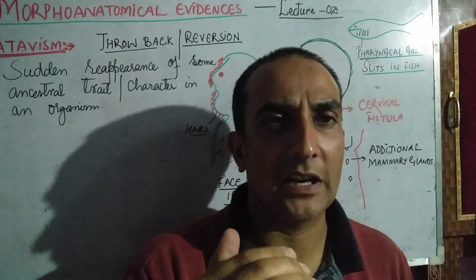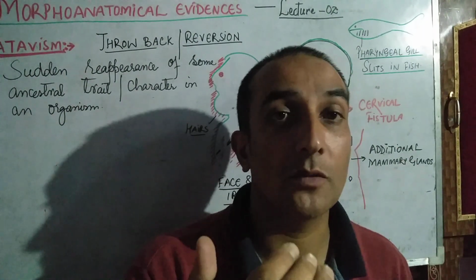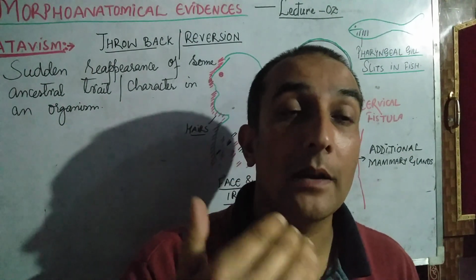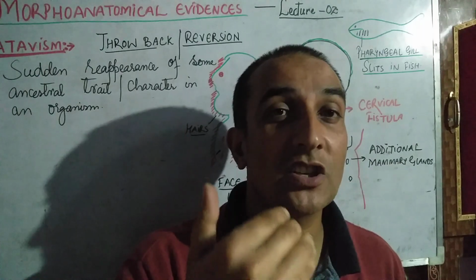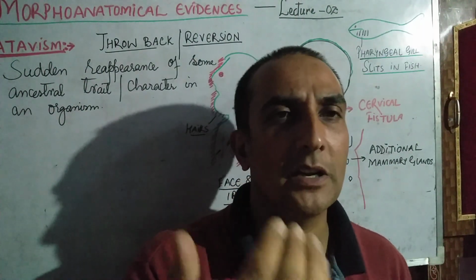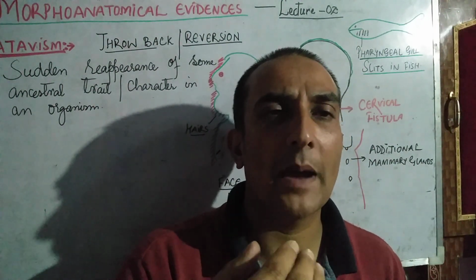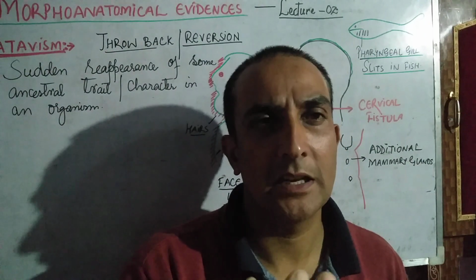It means those characters which a particular group of animals or plants have lost, but some animals or some plants suddenly undergo reappearance of such characters. For example, in case of humans, we see that some human babies are born with tails.